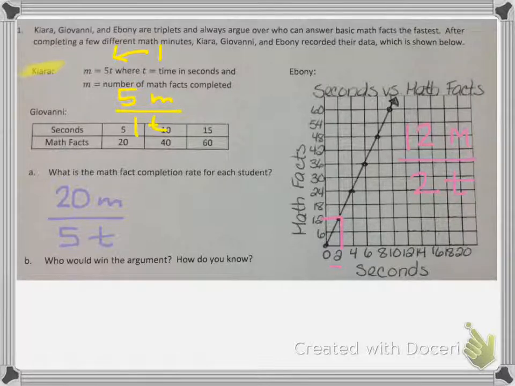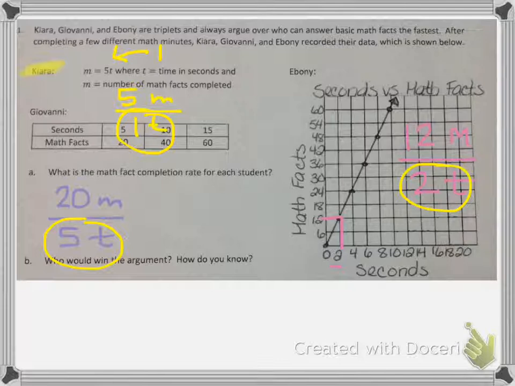Well, who's the fastest? The problem is we're comparing 1 second here and 5 seconds here and 2 seconds there, and we can't really tell. They're all working for different amounts of time, so it's hard to say.